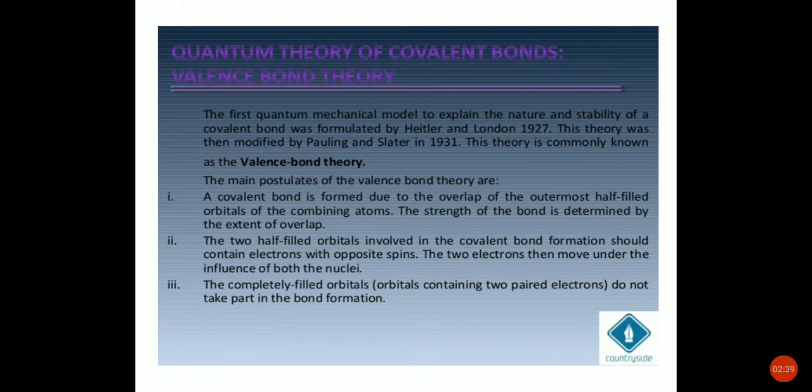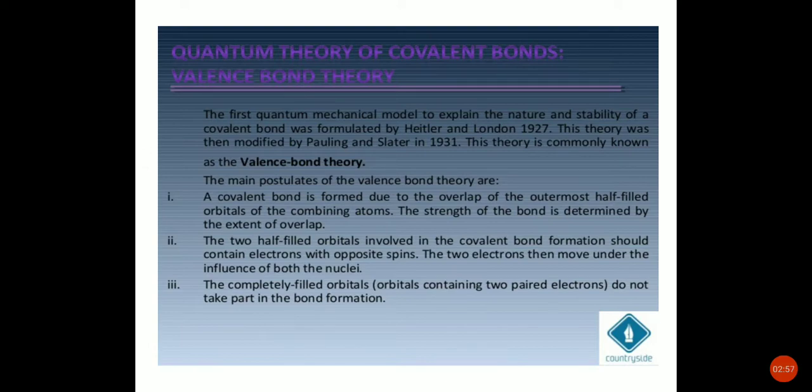The completely filled orbitals do not take part in the bond formation. The main point is the completely filled orbital. That means in an orbital two electrons are possible. So, if an orbital is having two electrons, it does not take part in bonding. That is the meaning.